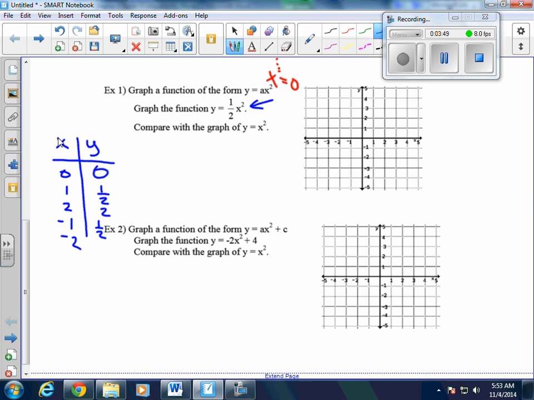And we're going to get the same thing if we put in -1. -1 squared is 1, 1 times a half. So we have these points. 0, 0, 1, a half, 2, 2, -1, a half, -2, 2.